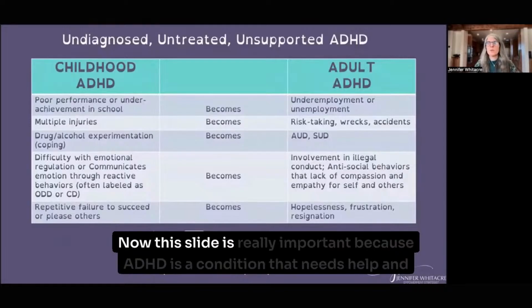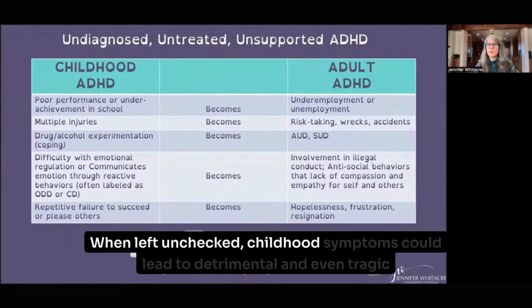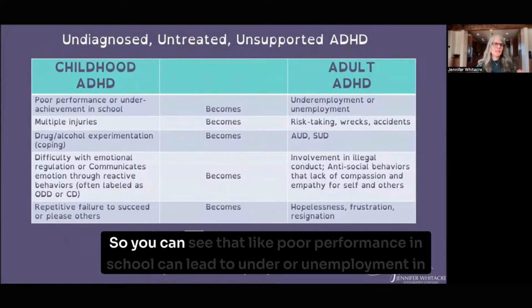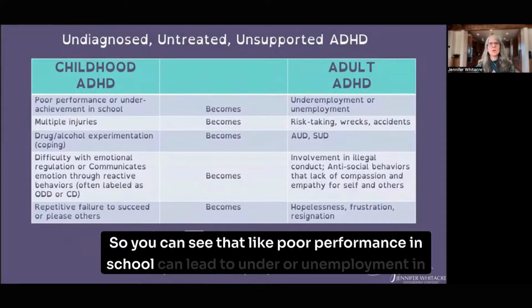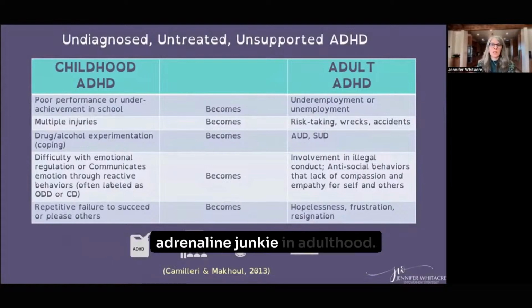Now, this slide is really important because ADHD is a condition that needs help and support. When left unchecked, childhood symptoms could lead to detrimental and even tragic circumstances in adulthood. So you can see that poor performance in school can lead to under or unemployment in adulthood. Clumsiness or multiple injuries in childhood can become risk-taking or the adrenaline junkie in adulthood.